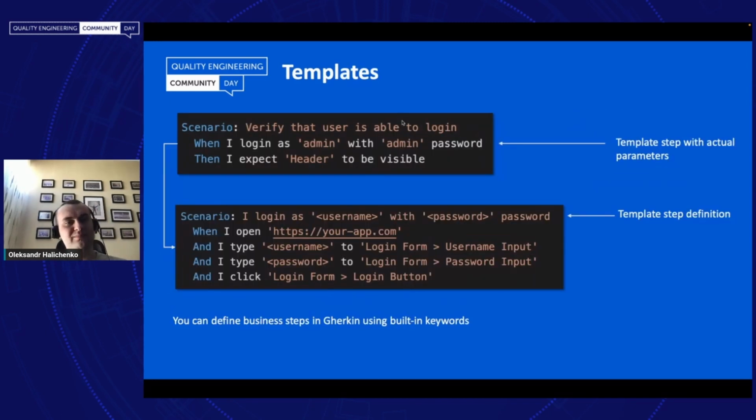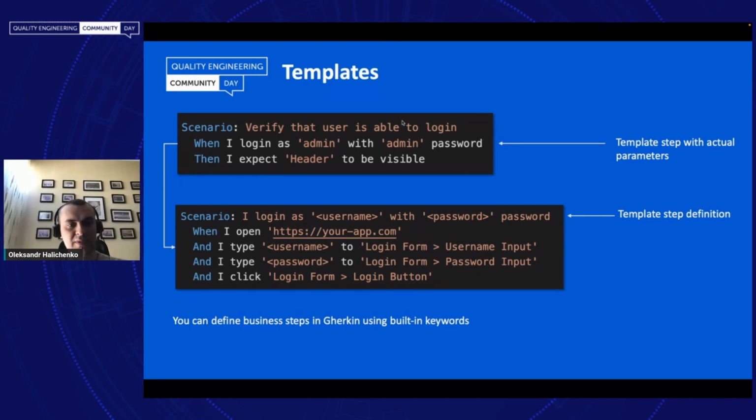And last but not least feature is templates. Basically, it's a way to define step definitions in the Gherkin language. As you can see in the example, I have a step definition called I login as admin with admin password, but in reality, it's not a Cucumber JS step definition.